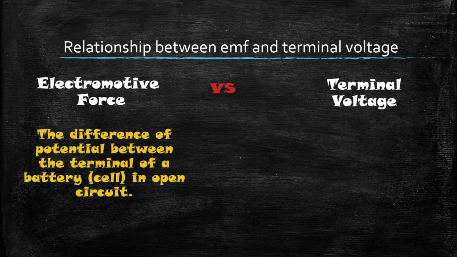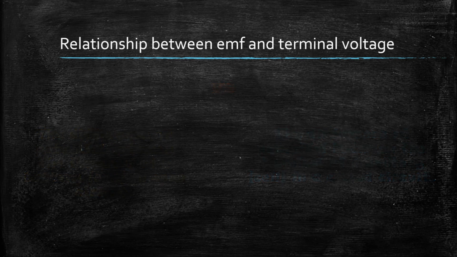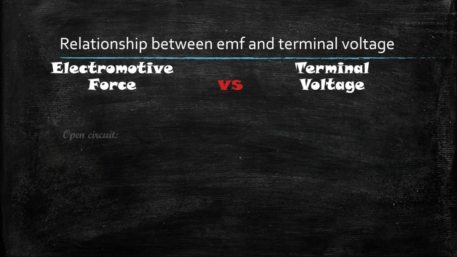The EMF is the potential difference between the terminals during open circuit, but the terminal voltage is the potential difference between the terminals of the battery during closed circuit. Look at this diagram.